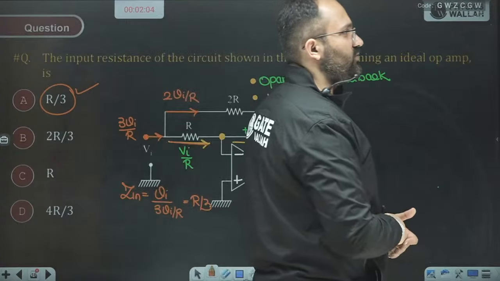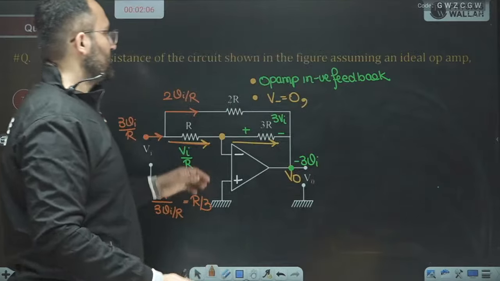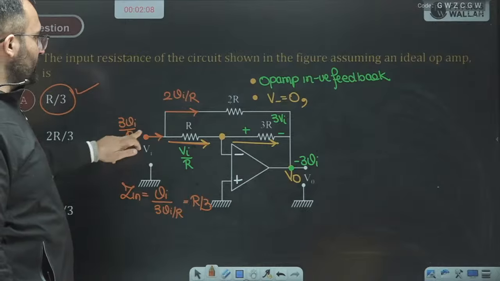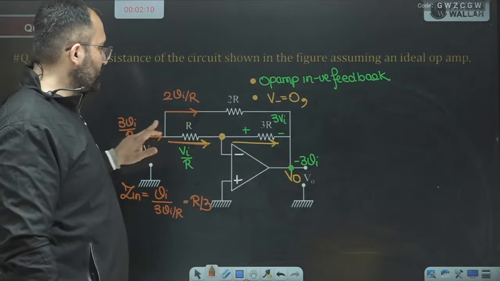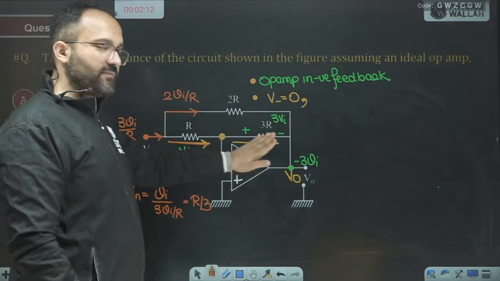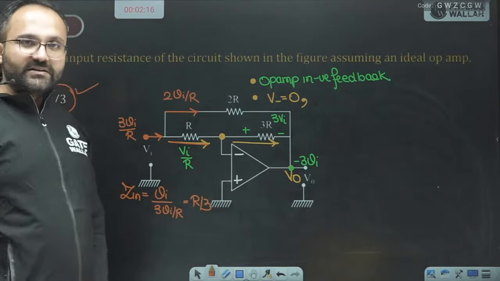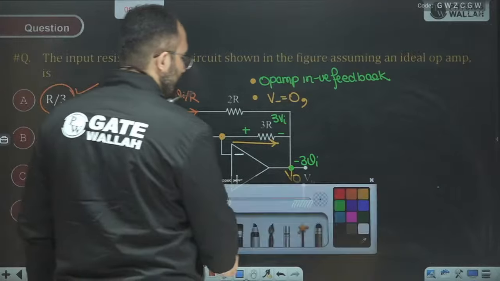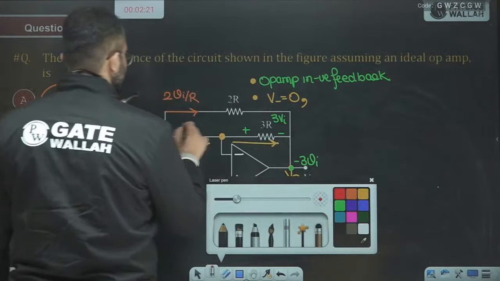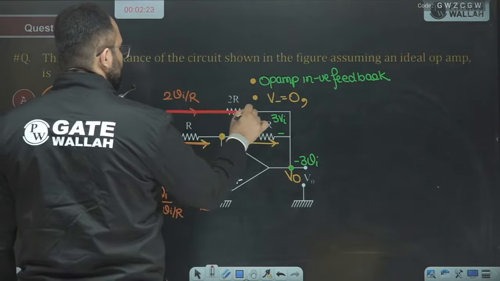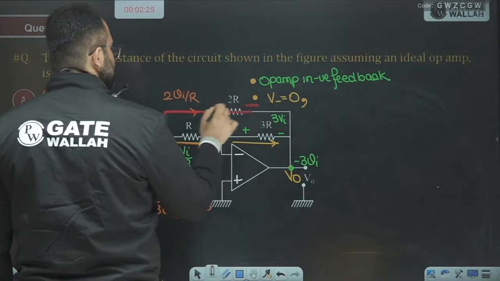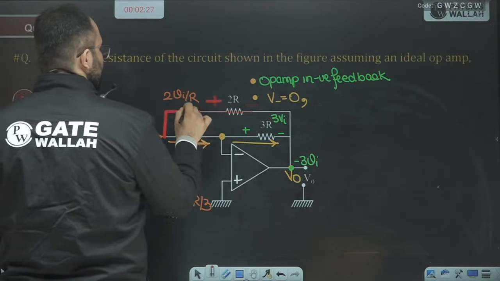Others are also able to do it. Please check. First of all, we simply solve the circuit. Negative feedback, grounded. VI upon R is the current. VI is the drop, and our voltage here is minus 3 VI. Now the current here: 4 VI is the drop, resistance is 2R, so 2 VI upon R is the current.